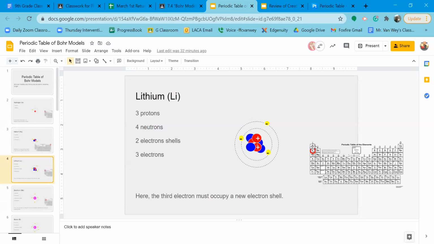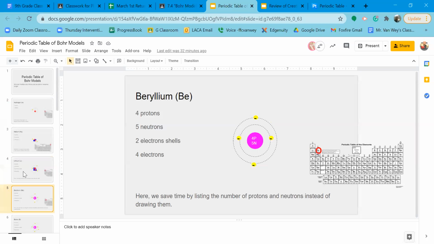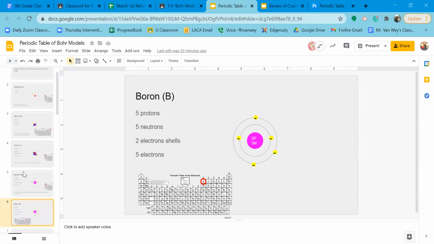Lithium, we go down to period number 2, second row. Period 2 has 1, 2 shells, right? It's in group 1, so it's got 1 electron on its outer shell. Beryllium, next to it here, it's going to have 2 electrons on that outer shell. The next one's going to have 3 electrons on the outer shell. 4, 5, 6, 7, 8.